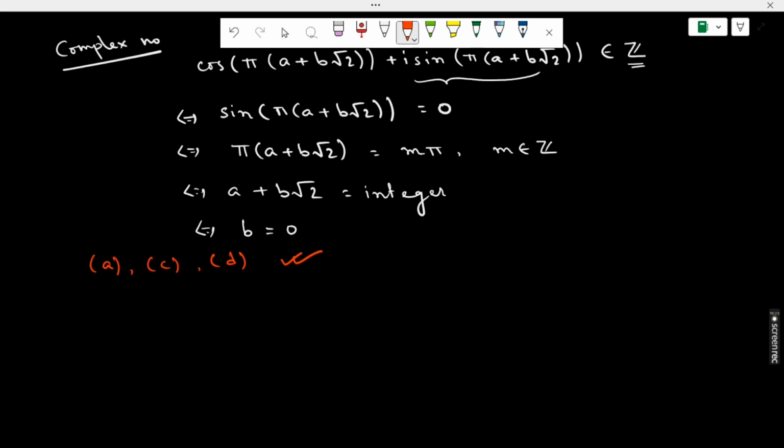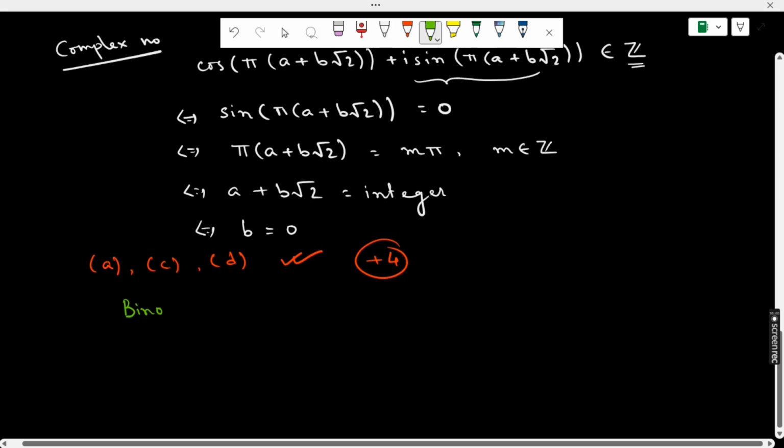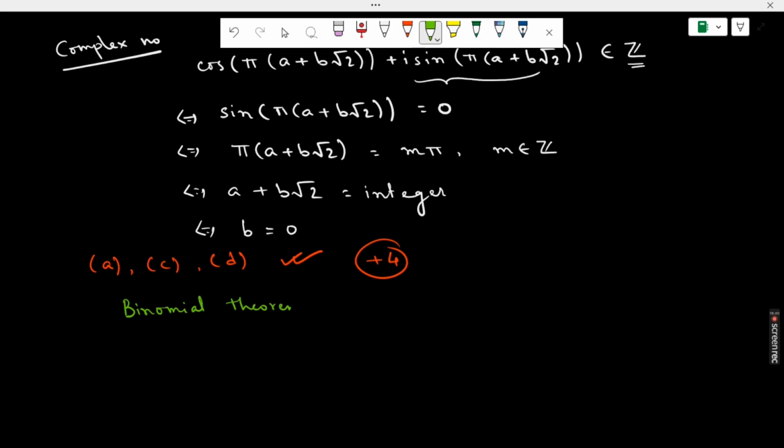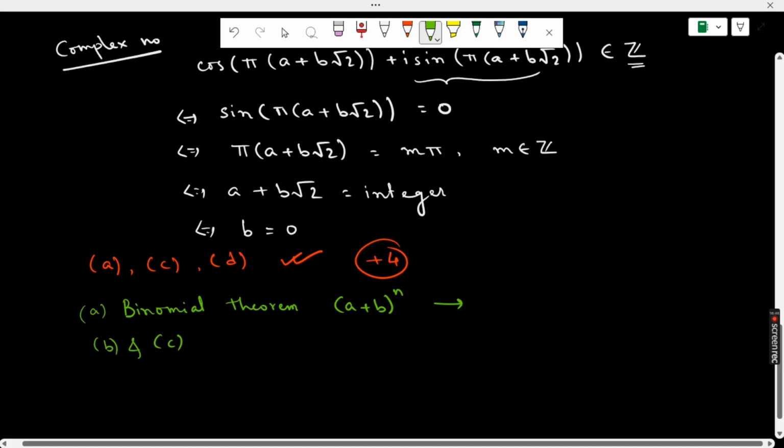If you write this, you will get plus. So here we have used nothing but the binomial theorem, the (a + b)^n form, to solve option A. And for B and C, we have used the concept of sequences.